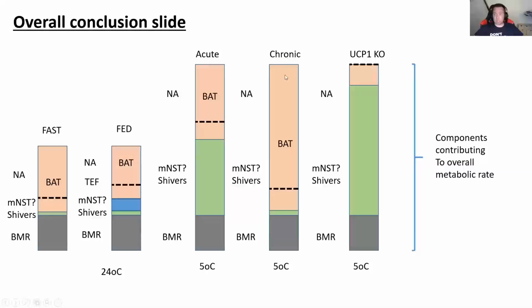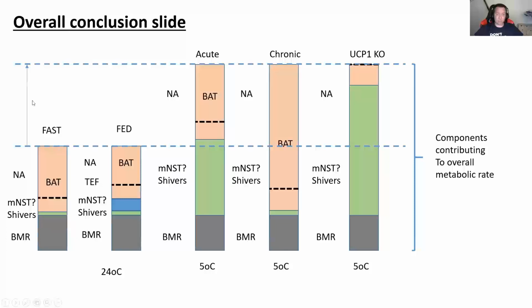Chronic cold adaptation will lead to a switching off of shivering and a much larger expansion of the BAT and noradrenaline dependent component. And then genetic modifications such as deleting UCP1, which we'll get onto in a moment, which is necessary for BAT to function, are going to lead to a huge reliance on shivering and a loss of this BAT-dependent process.